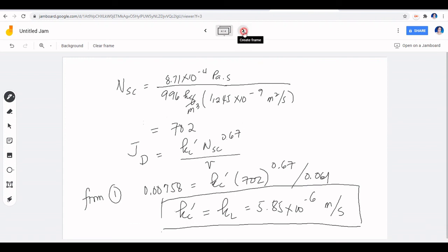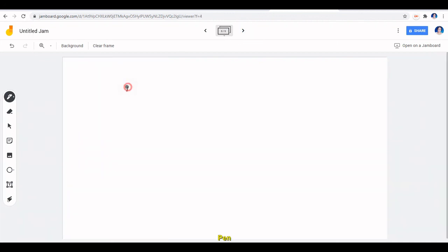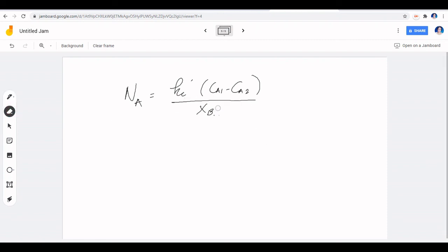Now, as to our molar flux, the NA, the formula that we will use is K sub C prime. It's a generic formula actually, C sub A1 minus C sub A2 divided by the log mean mole fraction difference of B at point 1 and 2.